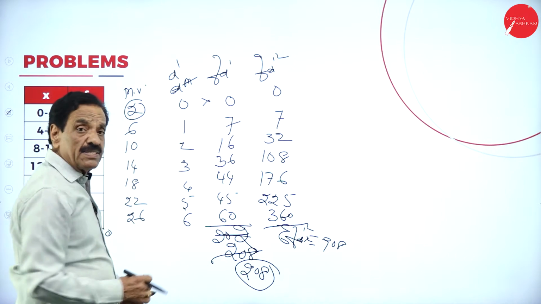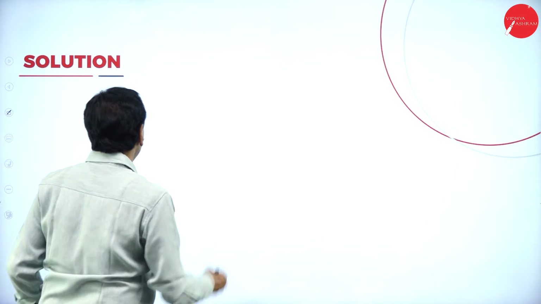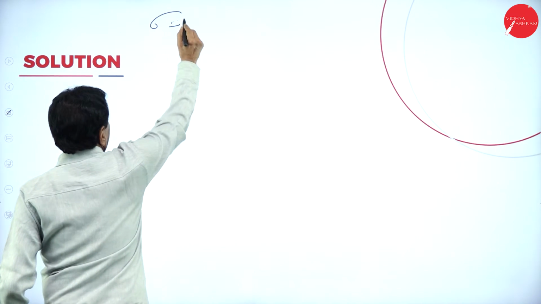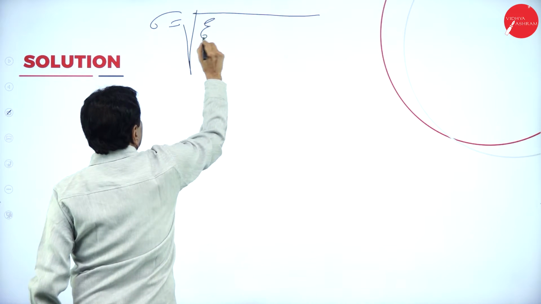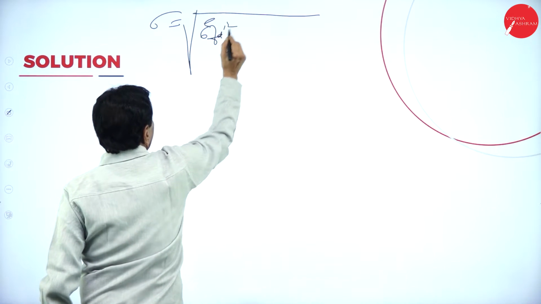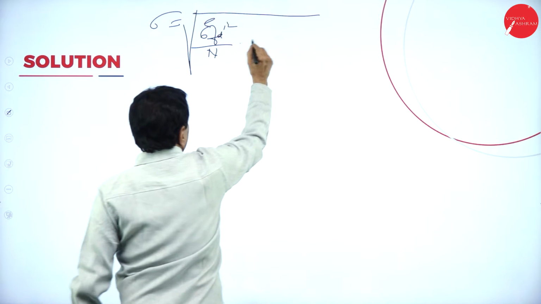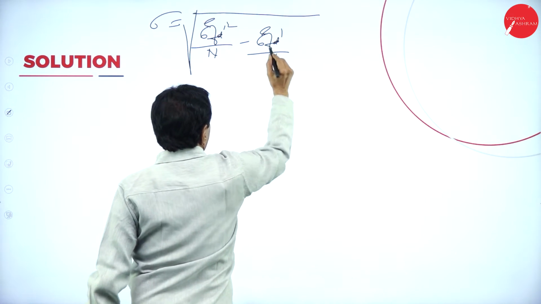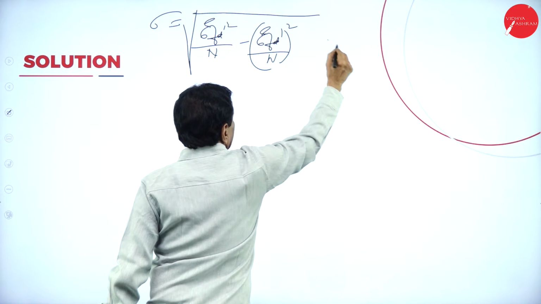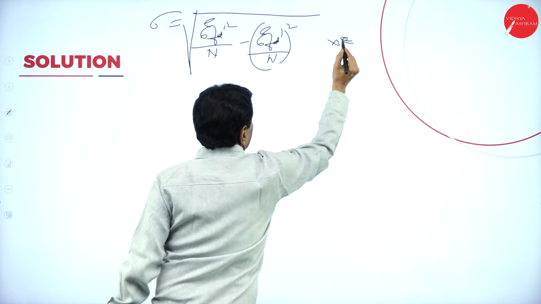Number of frequency 60. Apply the formula. Standard deviation is equal to root of sigma f d dash square divided by n minus sigma f d dash divided by n, whole square, into c. C is the class interval.